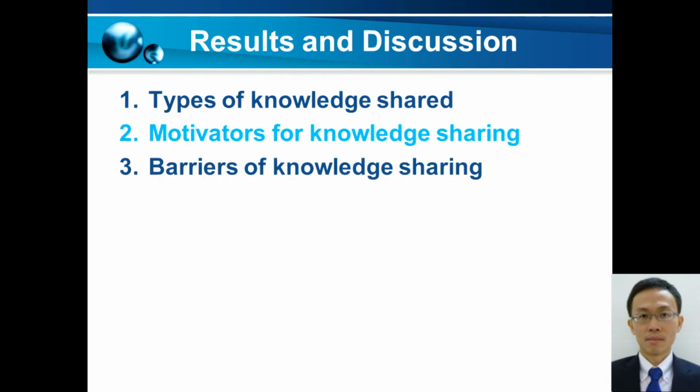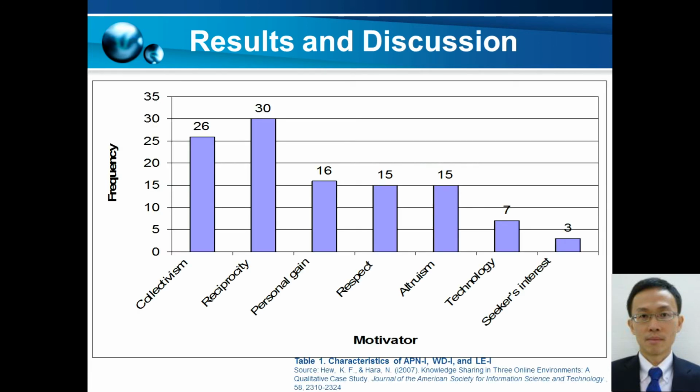Second, what are the motivators for people to share knowledge? What makes people want to help other people in an online community? Okay, this graph tells you different types of motivators. As you can see, the highest motivator is reciprocity.